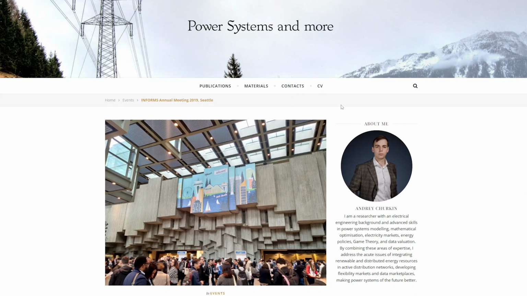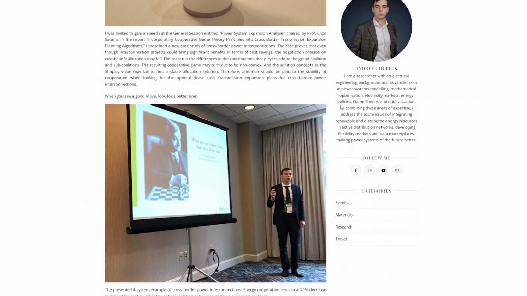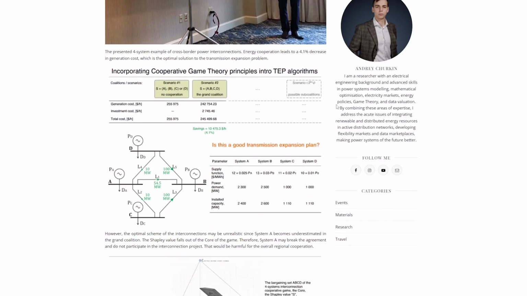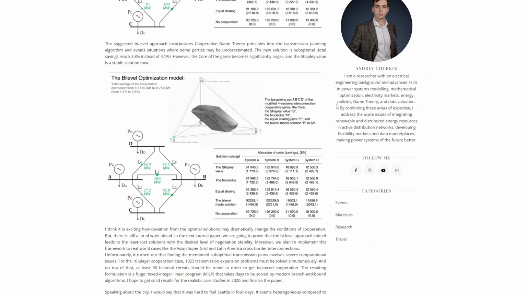I describe various things here about my travel, my trip, how I tried a real Starbucks coffee, etc. But here in the middle of the article, you can see a picture of me and I'm showing my slides, explaining that this is the model that we did and here are the results and why they are important. And this article with the slides is available online and anyone searching for this particular model can find it and then they can realize that I'm actually working on this topic. So these slides, they haven't disappeared completely.